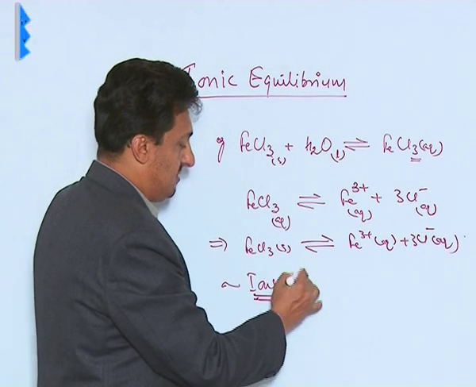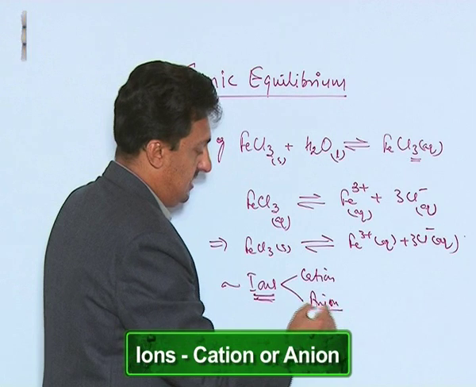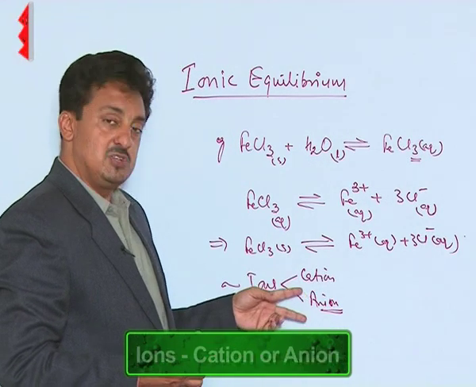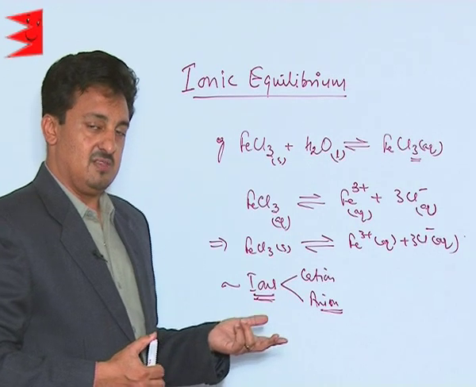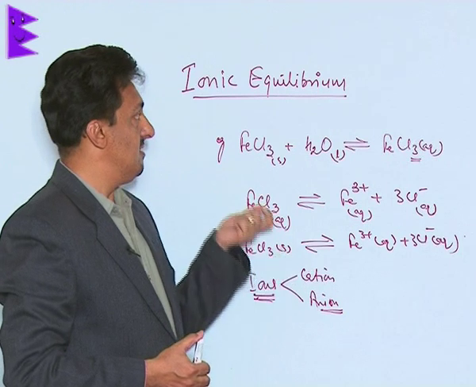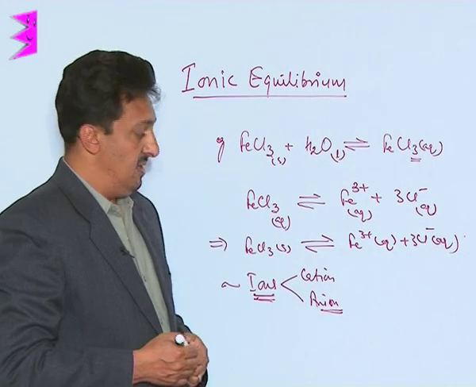Now ions, we know, can be cation or anion. These are the only two types of ions which exist, and they will explain what type of ionic equilibrium it is.